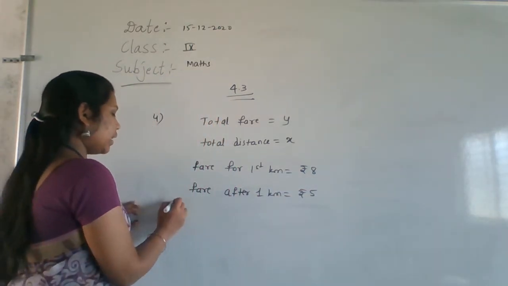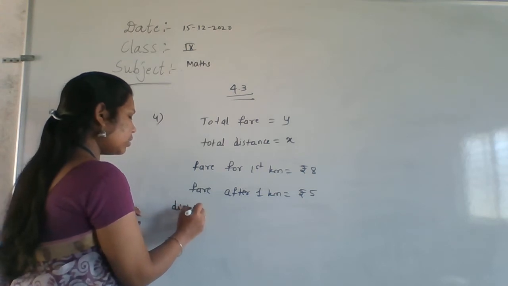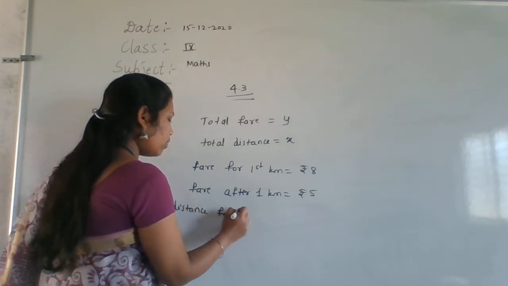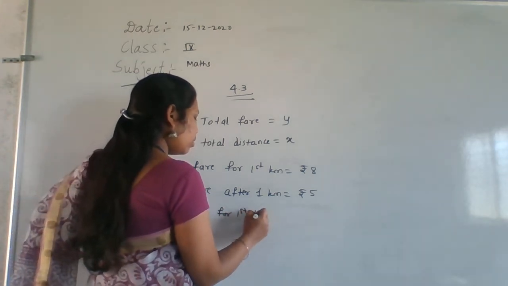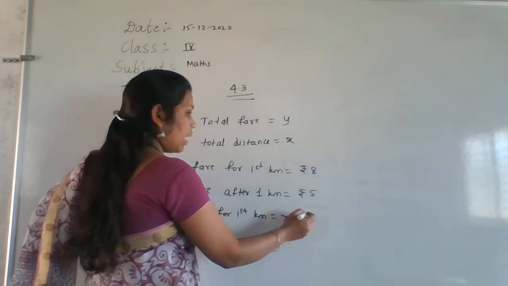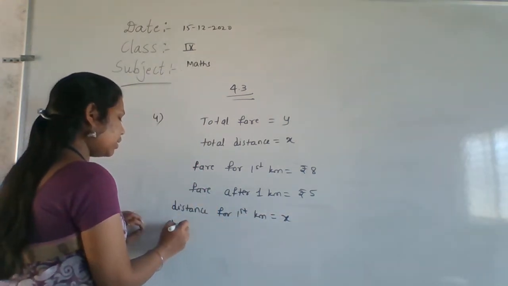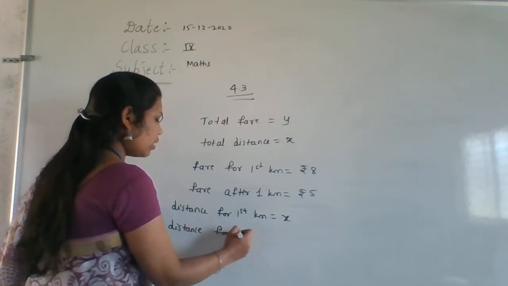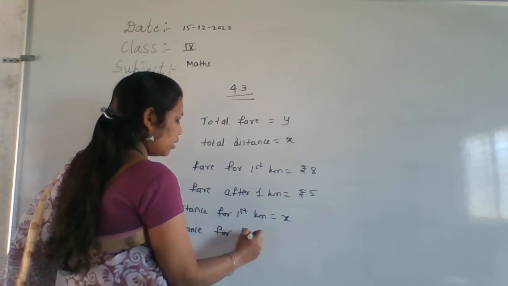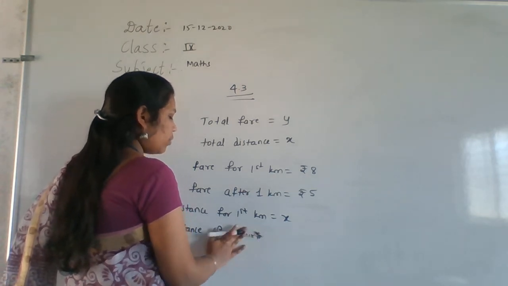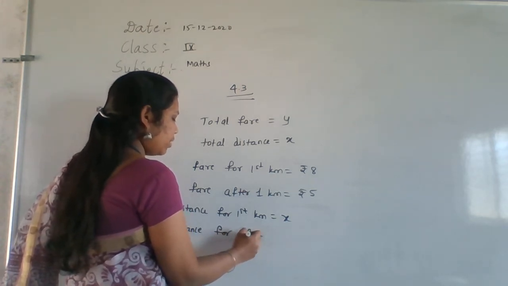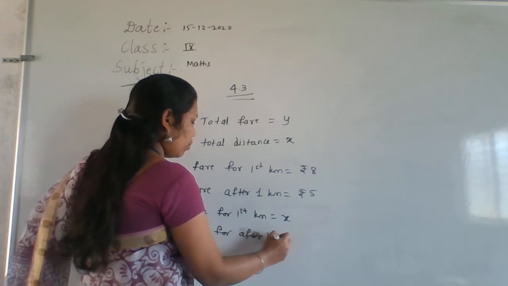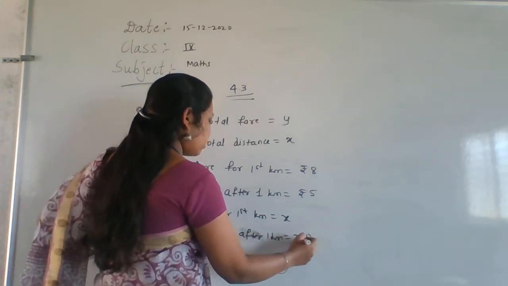Okay, so consider the distance for the first 1 kilometer as x. Next, the distance further after 1 kilometer is taken as x minus 1.